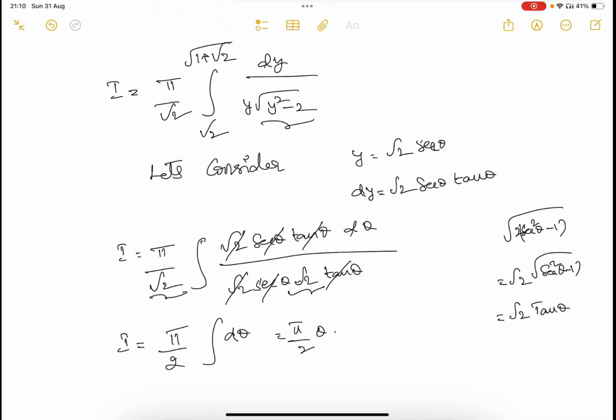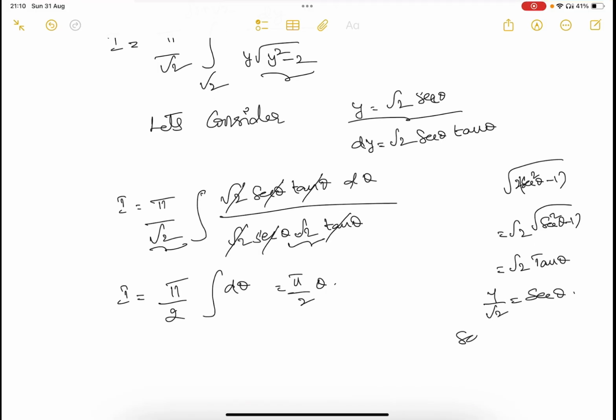Here our case is, as you can see from here, y by root 2 equal to secant theta, right? Then secant square theta equal to y square by 2, right? As we know, secant square theta minus tan square theta is equal to 1. Then tan square theta is secant square theta minus 1.